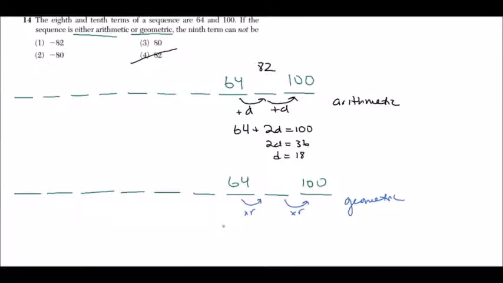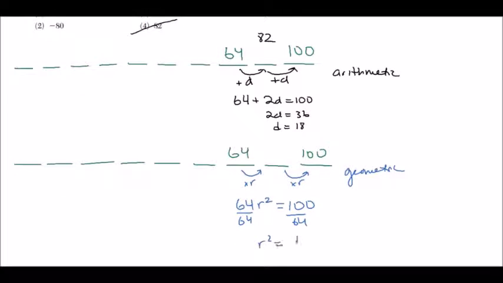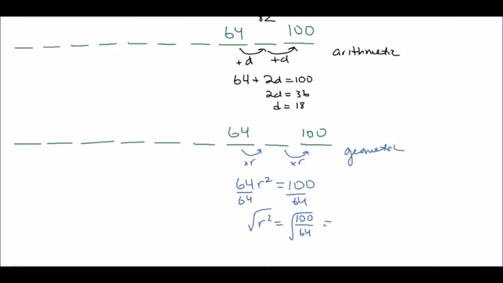So then we could say that 64 times r, or times r squared, is 100. So we would divide both sides by 64. We would get r squared is 100 over 64. And I don't necessarily want to simplify this because they're both perfect squares. So if I square root this, I'm going to get 10 over 8, or 5 over 4.